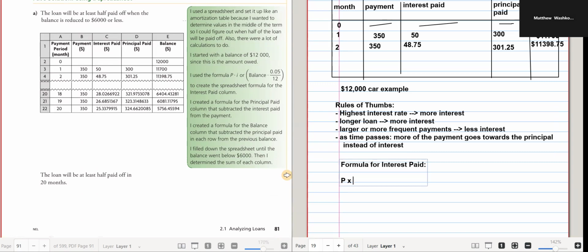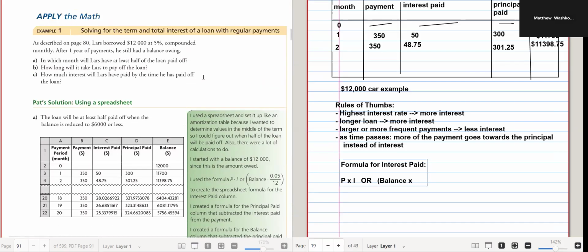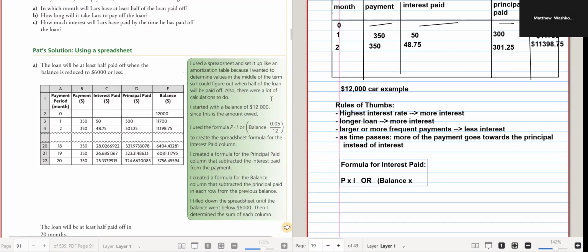So it's P times I, principal times interest, or it's your balance times the interest rate divided by number of payments.